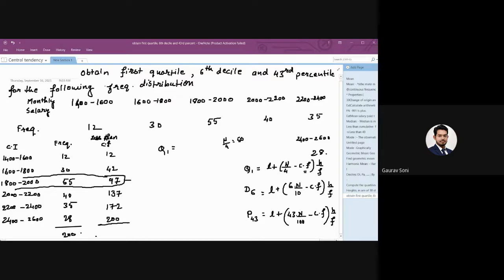So how do we use that formula? In a similar manner to how you use it for the median.